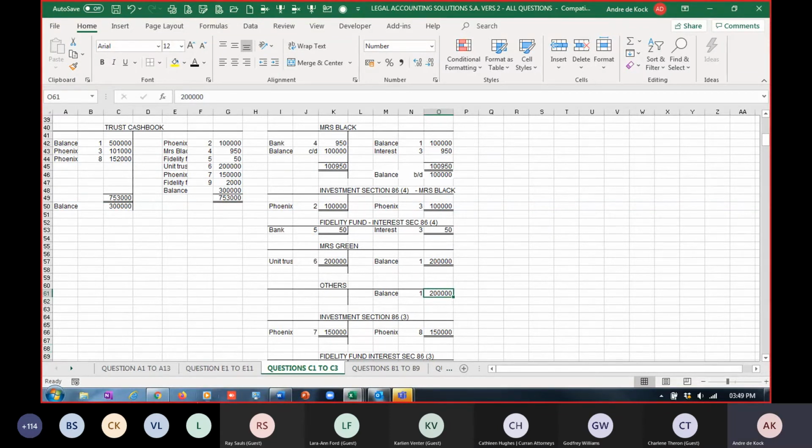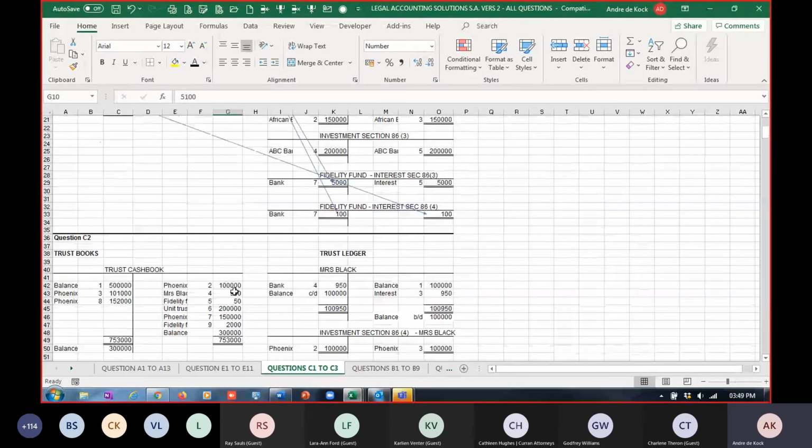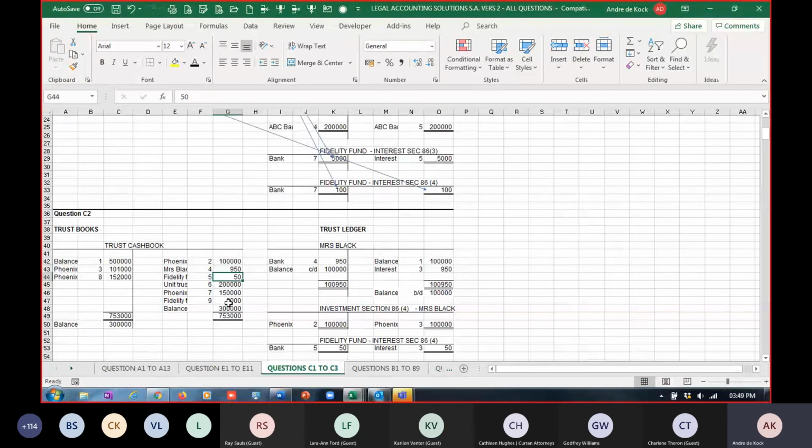Okay, hi Shannon, you're asking why in activity T1 we paid the Fidelity Fund in two entries. I think it's because the question says I pay the beneficiaries the interest amount. The question that Shannon has asked me here is why over here did I pay the Fidelity Fund in one figure and here I'm paying them in 2 figures.